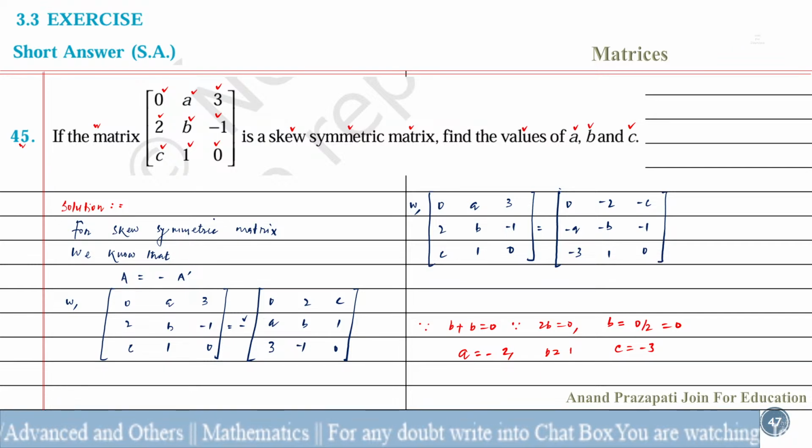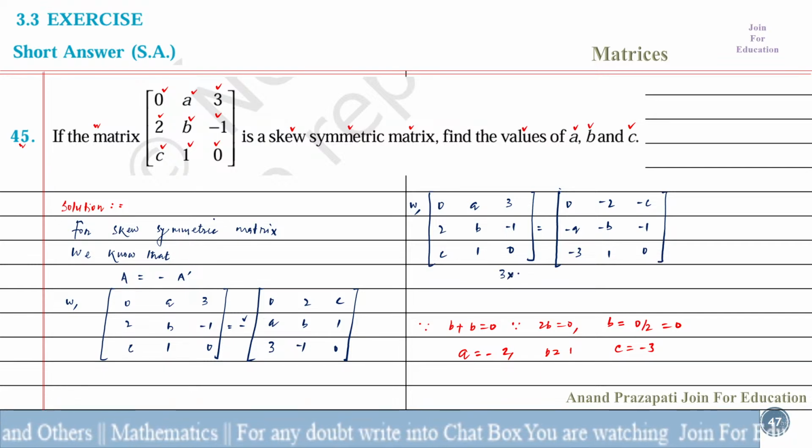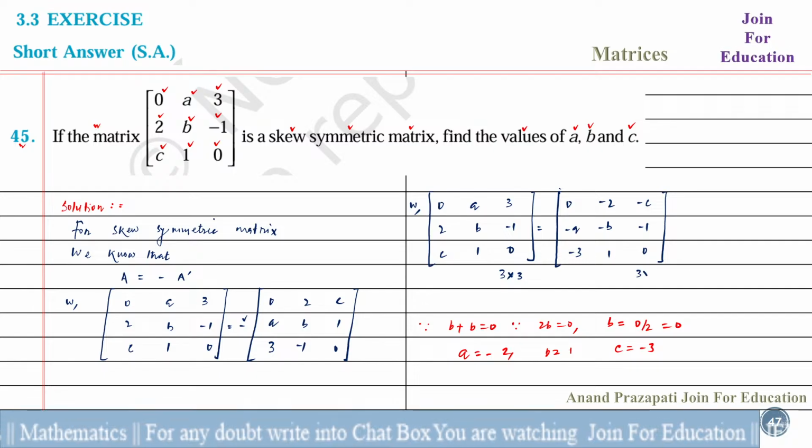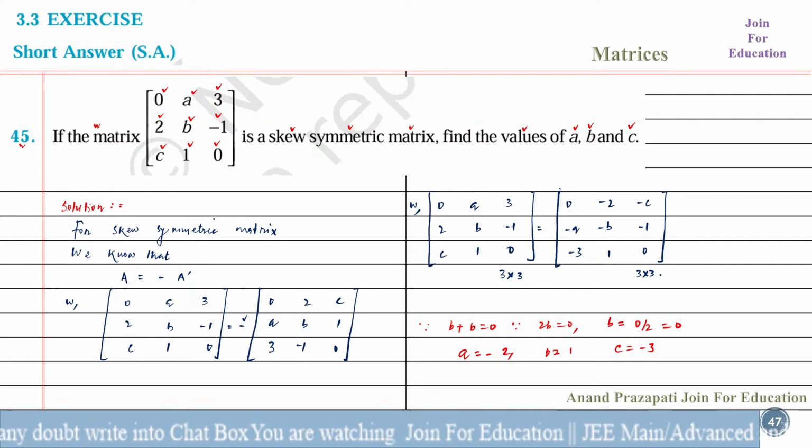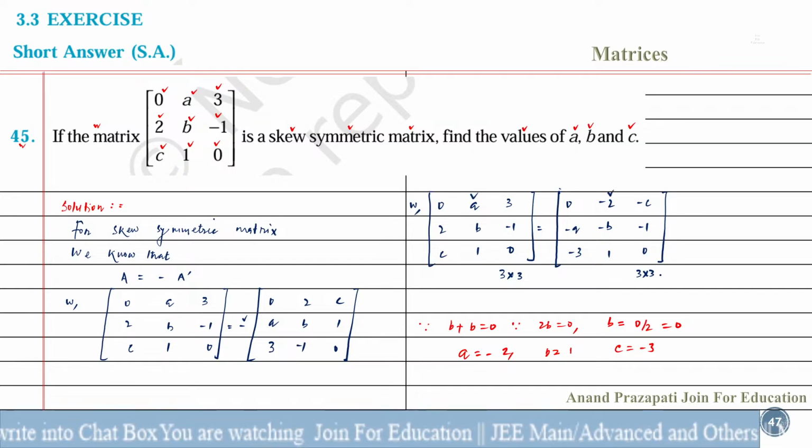The order of this matrix is 3 by 3, and the order of this matrix is also 3 by 3. Now equating each element, we get a equal to minus 2.